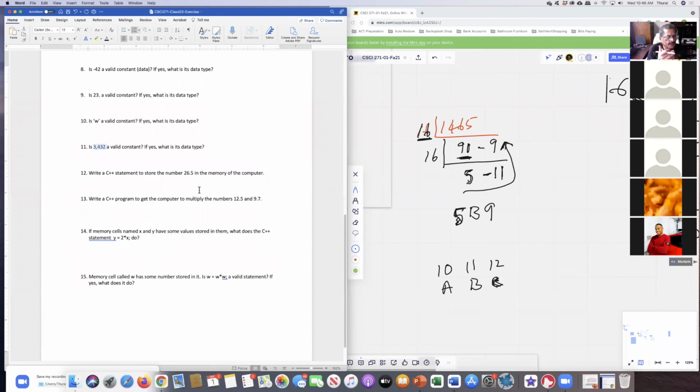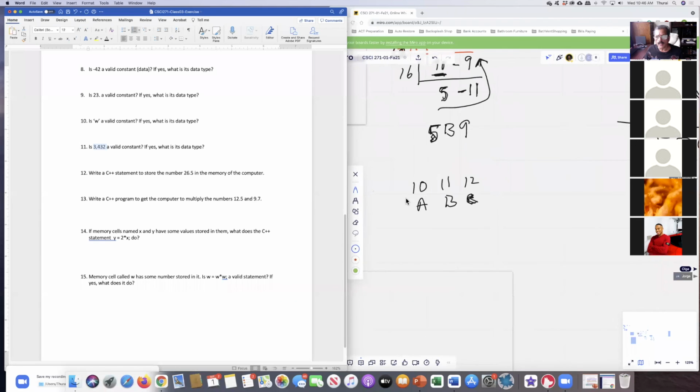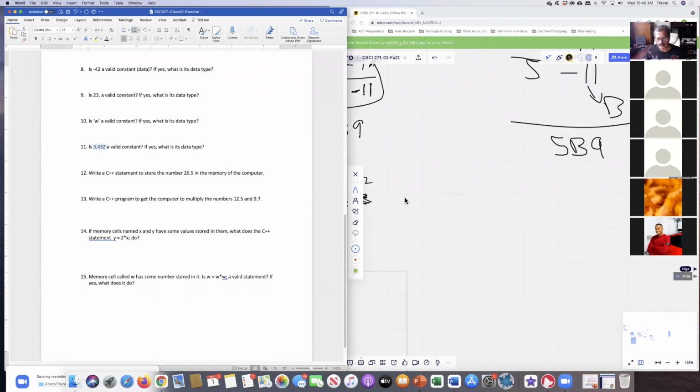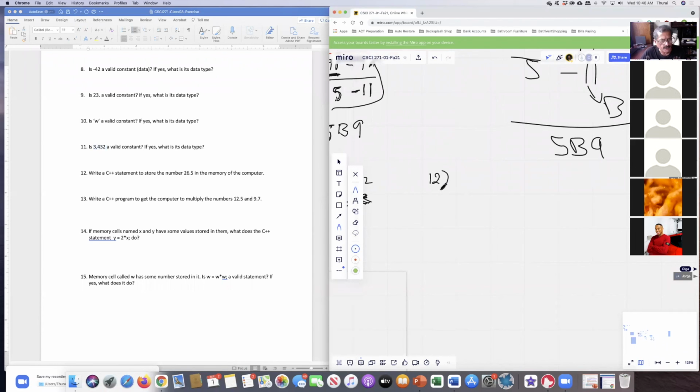So write a C++ statement to store the number 26.5. To store any number in the memory of the computer, all you have to do is make up a variable name. You can make any name and write this statement. I'm writing the answer for number 12. You just make up a name like val and then put equal sign and then put the value next to it.